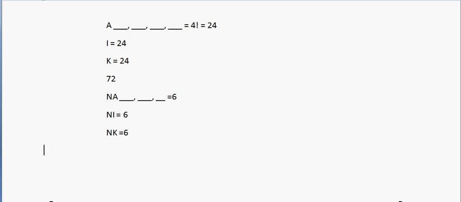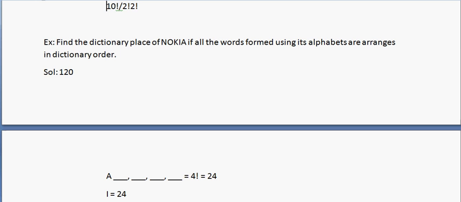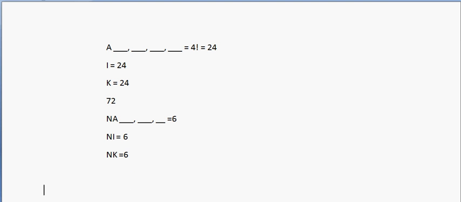Now we have words which would start with NO. Then there would come A. Then there are two blanks, which is I and K, so these would form 2 words.